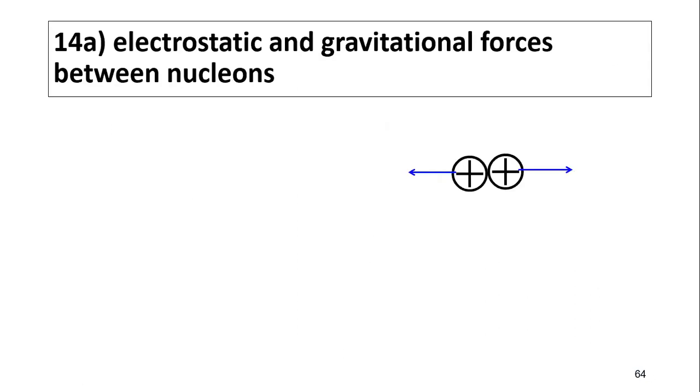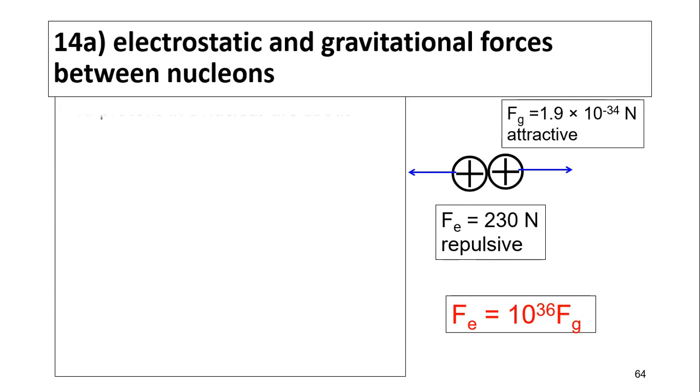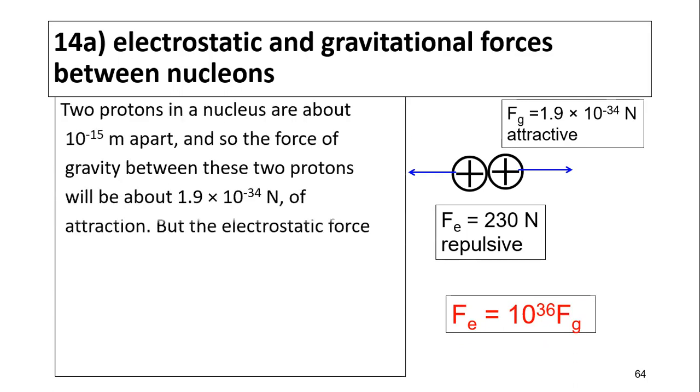Okay, electrostatic and gravitational force, just for info only, just to give you some idea. You can calculate from the mass; the gravitational force is attractive. Proton and proton, the repulsive force is 230 Newton. So you can see that the electrostatic force is very much greater than the gravitational force. Based on the calculation with a separation of 10 to the power minus 15 meter, the force of gravity is about 1.9 times 10 to the power minus 34 Newton.